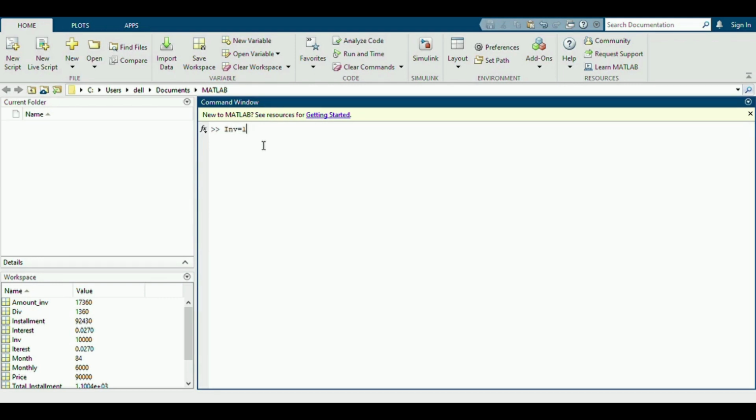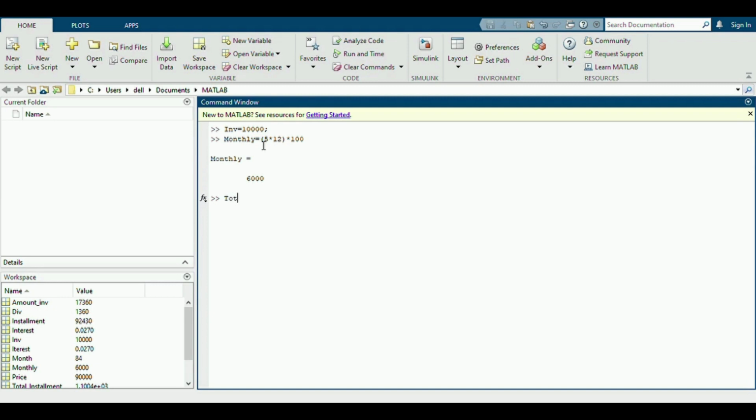The first investment is 10,000. Monthly installment for 5 years. And then we will get the monthly installment is 6,000.